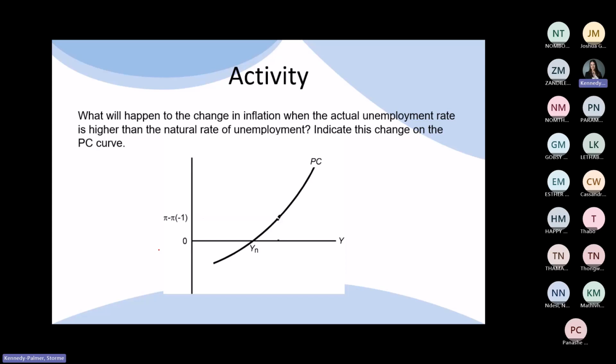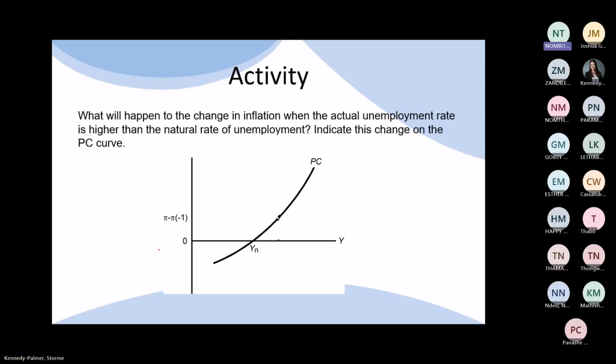Is it at the point where it crosses with the horizontal? Is it above that point? Is it below that point? And in that case, is the change in inflation 0? Is it positive? Is it negative?